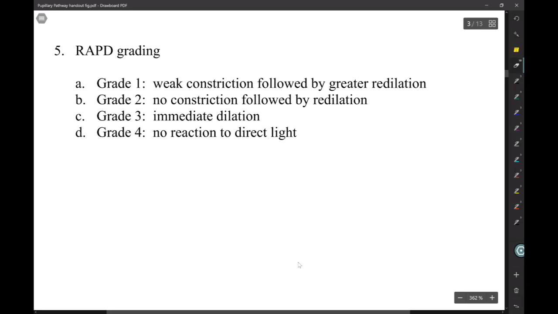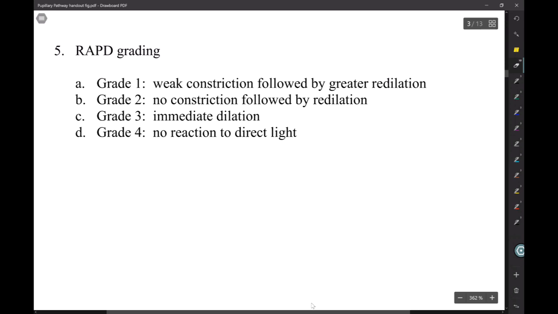A relative afferent pupillary defect is relatively easy to see if the lesion is complete, meaning all of the fibers traveling through the optic nerve are damaged. However, more commonly, only a portion of the fibers will be damaged, and then you can grade the degree of the relative afferent pupillary defect.